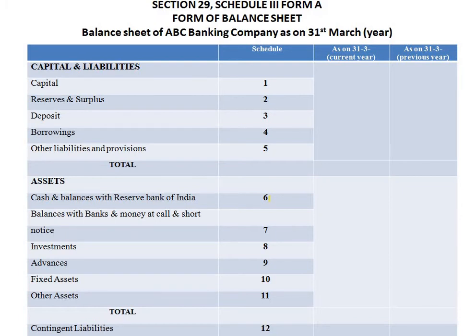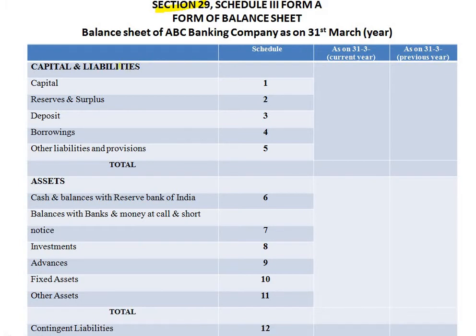This is the format of balance sheet prescribed under Schedule 3, Form A of Section 29 of the Banking Regulations Act of 1949. Here we have to write the name of the company, that is, balance sheet of ABC company as on 31st March, mentioning the year. This is the format which we use for the preparation of the balance sheet.